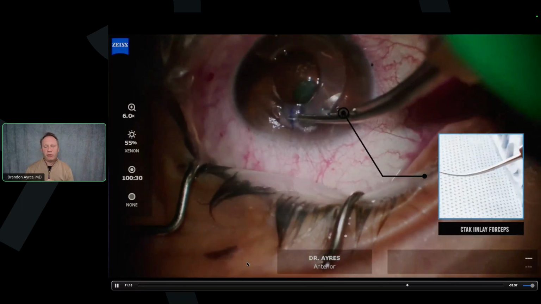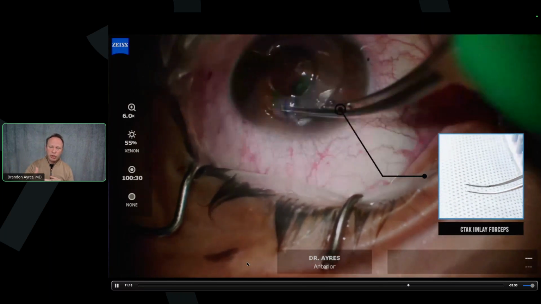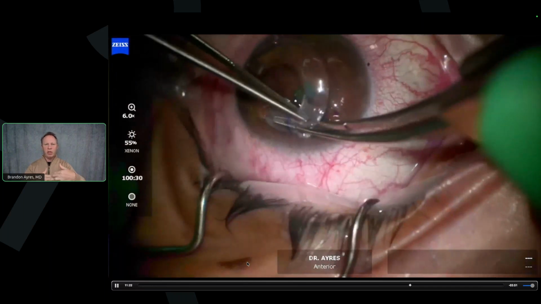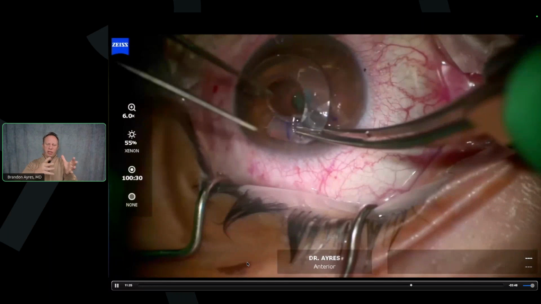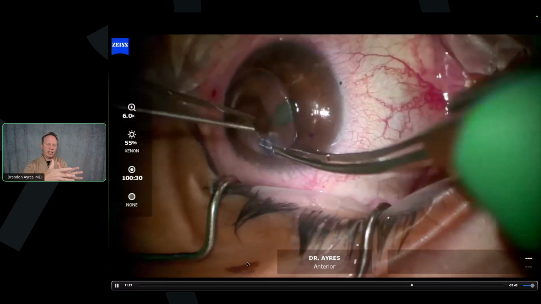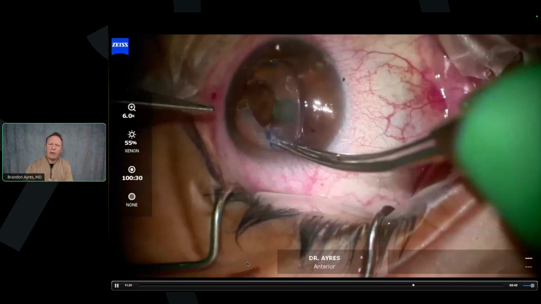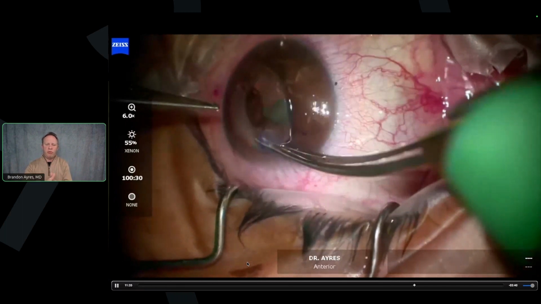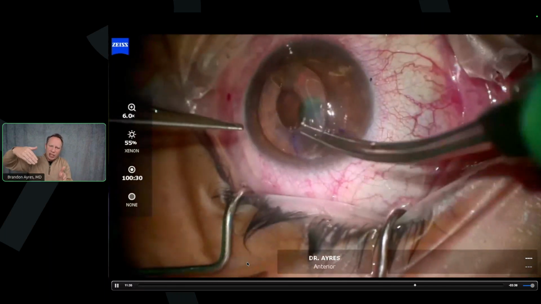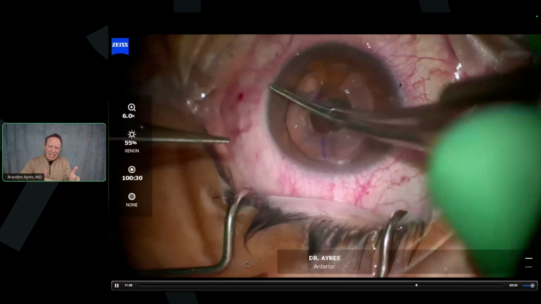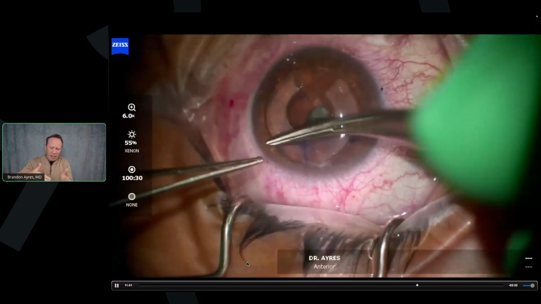These are the inlay forceps. These help to introduce the segment into the channel, and you'll see a little hand-over-hand move, because initially that CTAK segment is going to want to back its way out of the channel. After you get a couple clock hours in though, it's going to continue to move around. But you might be able to tell that as we introduce the CTAK segment, it's not completely extending around the channel.